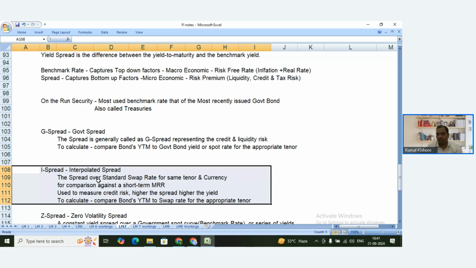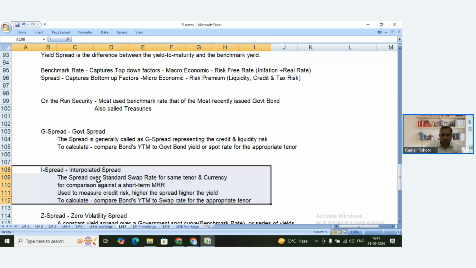Index bond, benchmark bond. That means what is the standard rate for an INR currency loan or INR currency bond, versus the Reliance Industries bond rate? There is also a difference, right? The difference is this spread. Both are corporate bonds only.